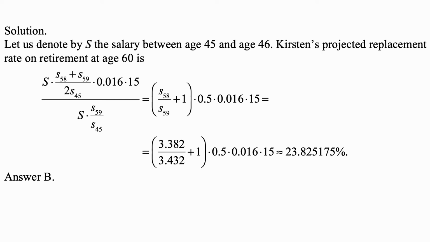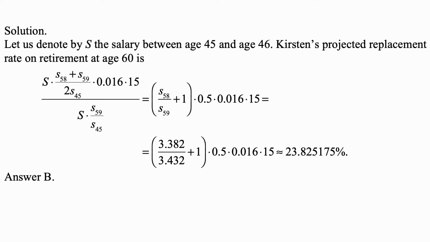And the salary from current age of 45 to age 58 will be increased by a factor of S58 divided by S45, and then to age 59 it will be increased by a factor of S59 over S45.